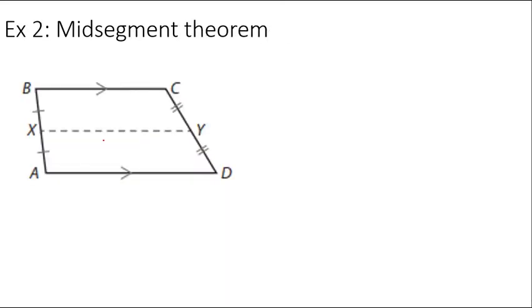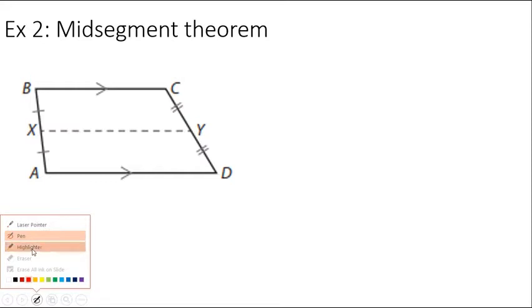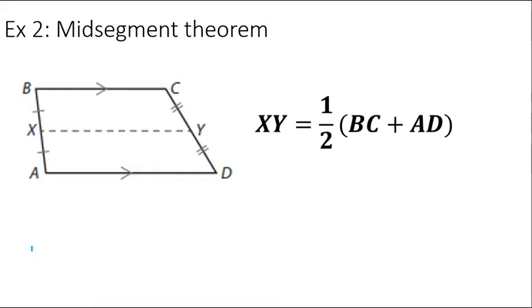Okay, so now the midsegment theorem, what we say here is we use this formula. So it says XY equals half BC plus AD. So remember, XY is the midsegment.